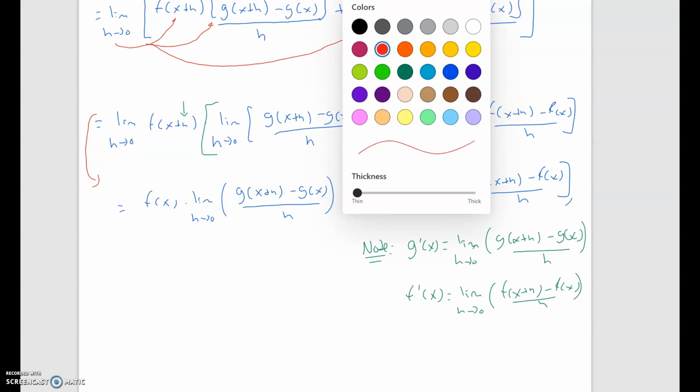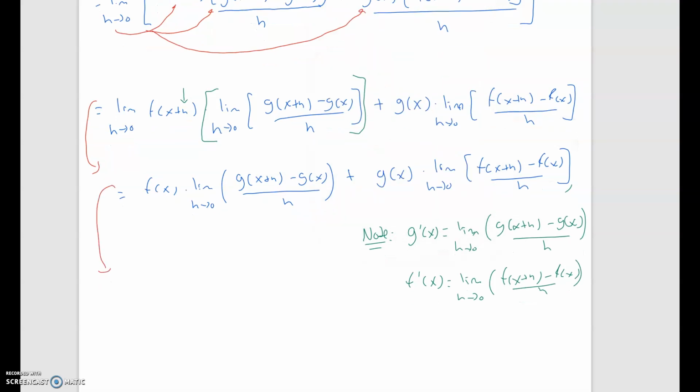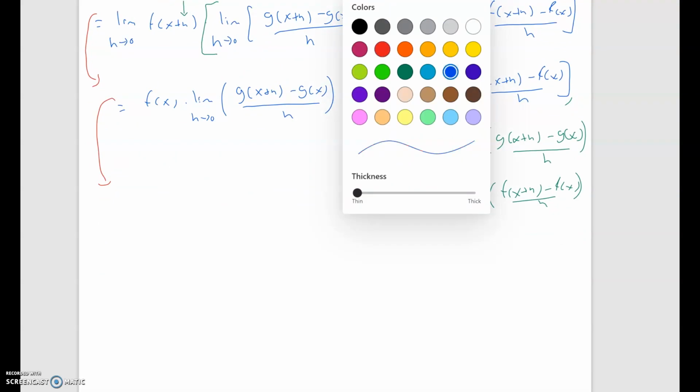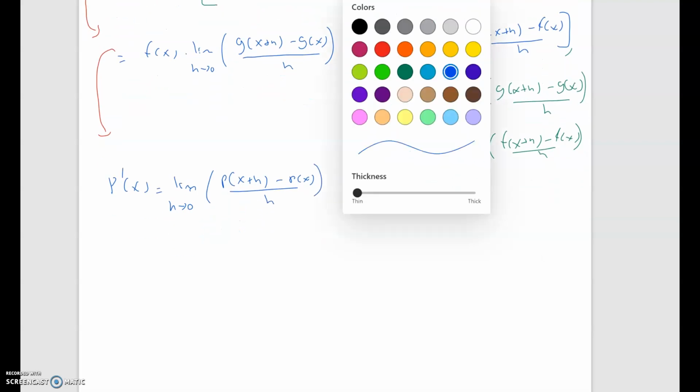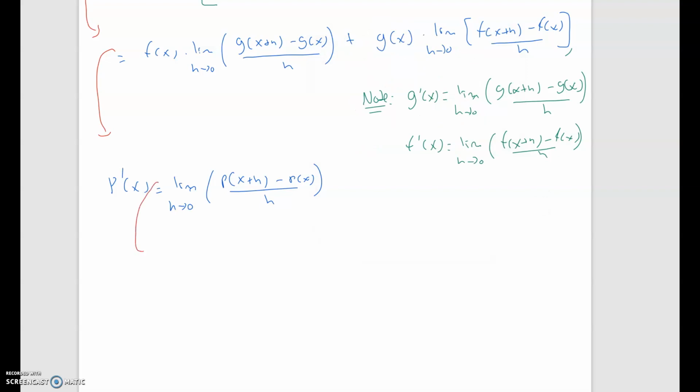So as a final note, I'm just going to rewrite it here. In this case, our final p prime of x is equal to the limit as h approaches 0 of, actually, in this case, it's going to be p's, so p of x plus h minus p of x divided by h, and all of this simplified to this.